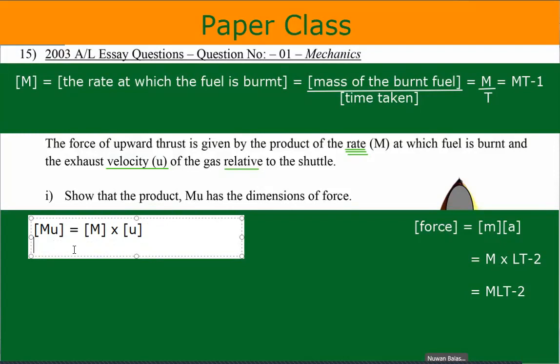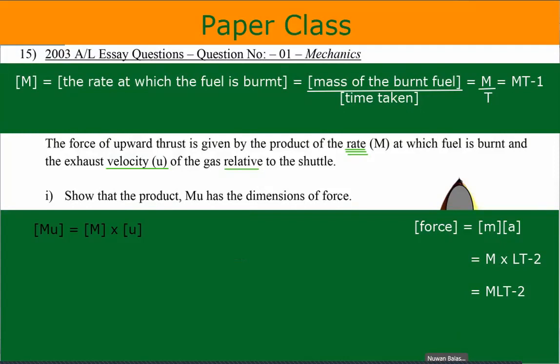A student asks, why are we taking M as the rate of burning fuel? Because it's given in the question. You see this sentence? The product of the rate capital M at which the fuel is burned. It's given here in the question.